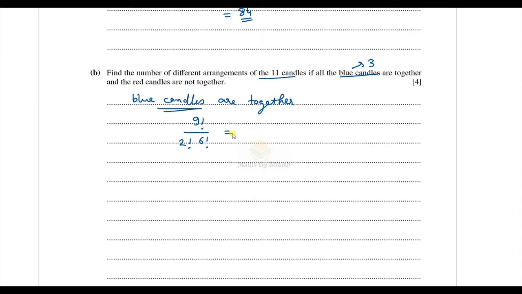We can simplify: 9 into 8 into 7 over 2, which gives 252. So there are 252 different arrangements of putting the 3 blue candles together.